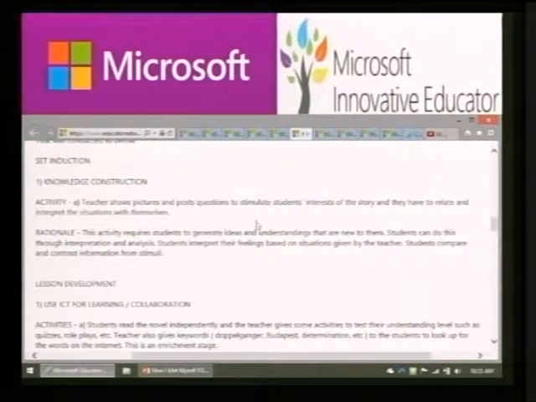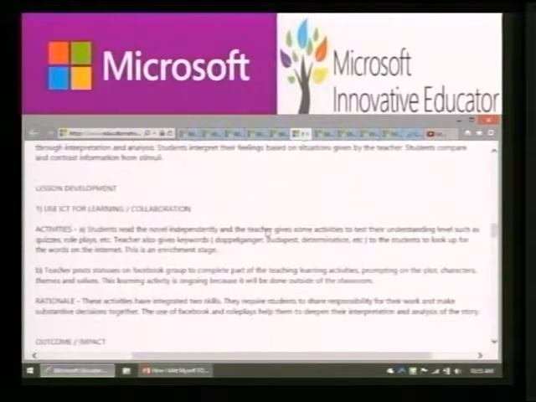All right, so the second stage will be the learning development. The skills that I'm using are using ICT for learning and also collaboration. In this stage, there are a few activities that I carried out.